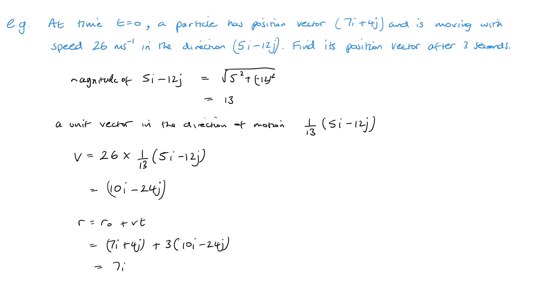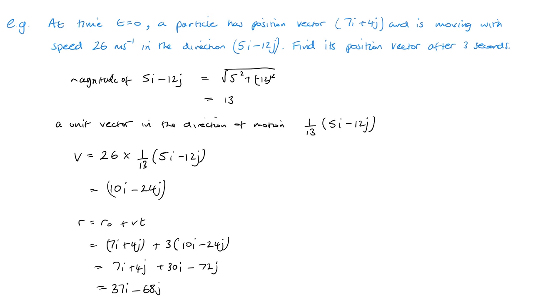So 7i plus 4j plus 30i minus 72j, which is 37i minus 68j. That therefore is the new position.